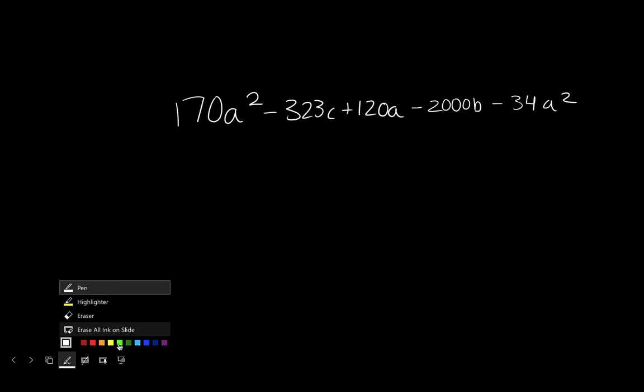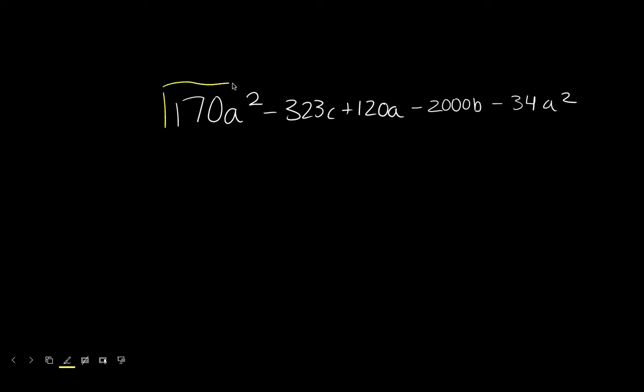So let's combine like terms. We've got 170a squared, and we're moving left to right. Let's keep going. Oh, we have this positive 120a. And you may be thinking, well, we can combine those two, right, since they both have a?